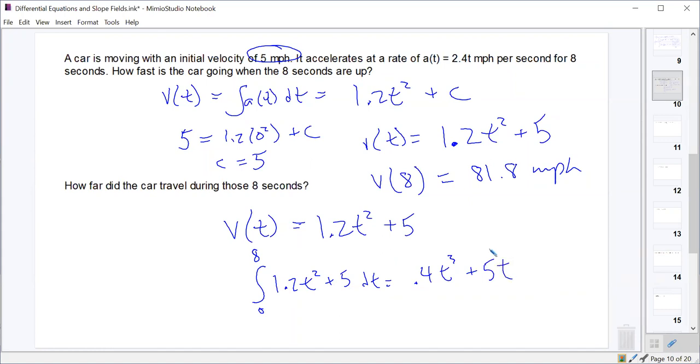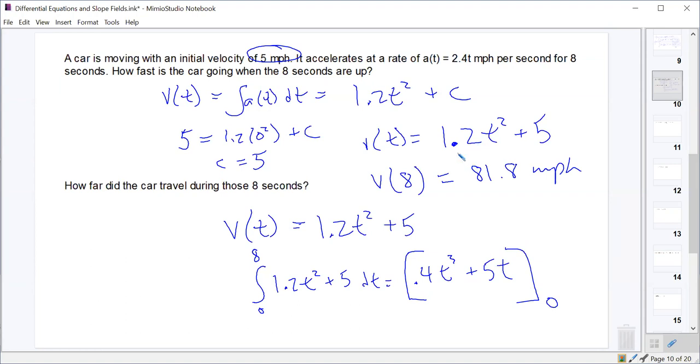Okay, now we've got a little bit of an issue here. And what's the issue? We've got to evaluate this from 0 to 8, right? But 8 is in terms of seconds. Yeah, and this is 2.4 t miles per hour per second was our acceleration, but when we integrated that, it gave us miles per hour.